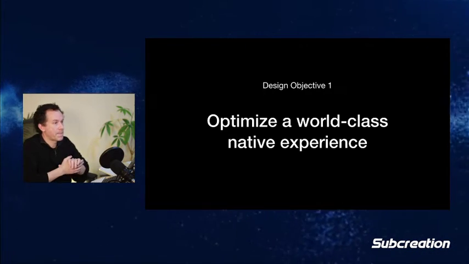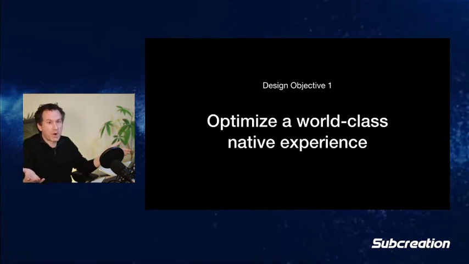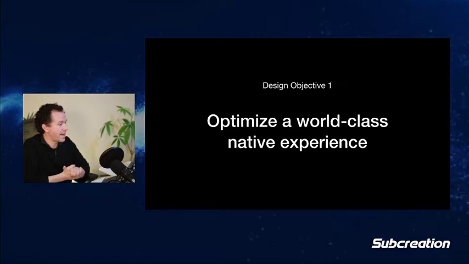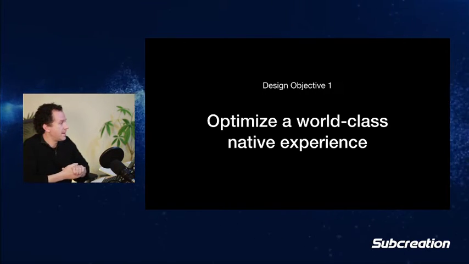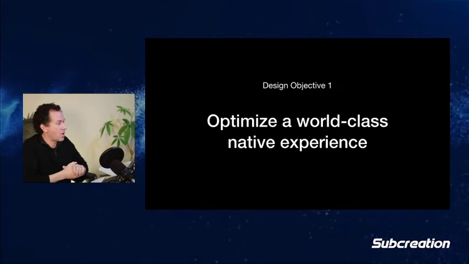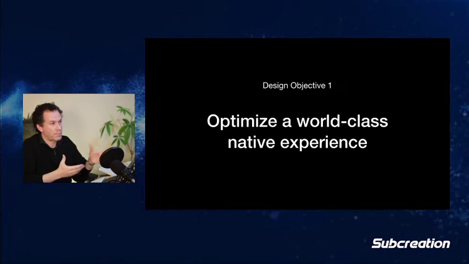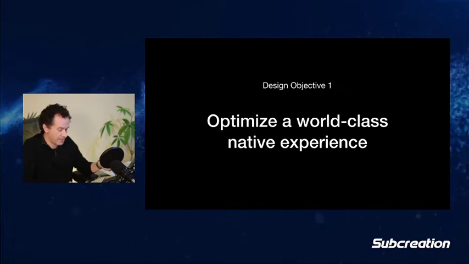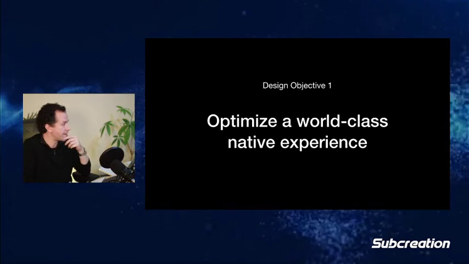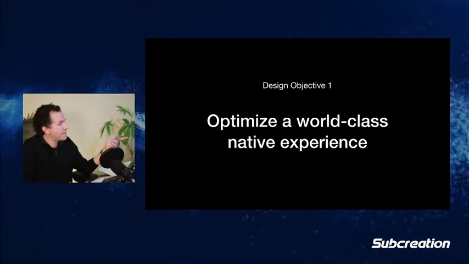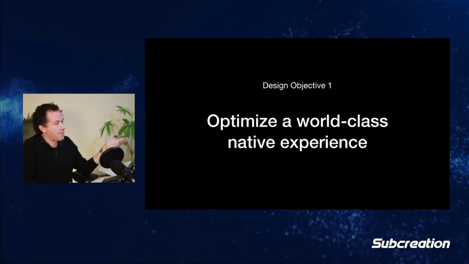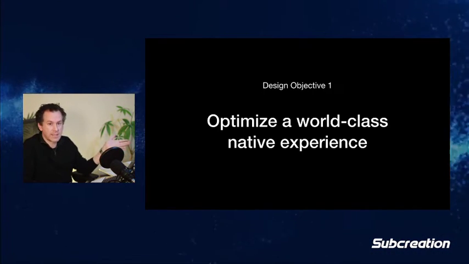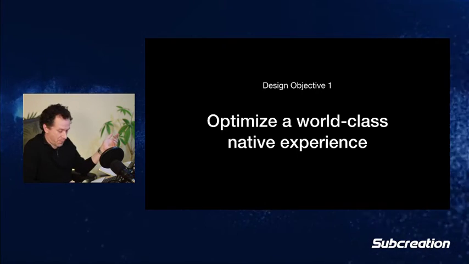So this stream is about creative process and how to create and design things, and so building on having principles and objectives stated clearly at the beginning of your work is one of the things that we do as designers. So the first design objective I have here is very straightforward: optimizing a world-class native experience for Artbreeder.